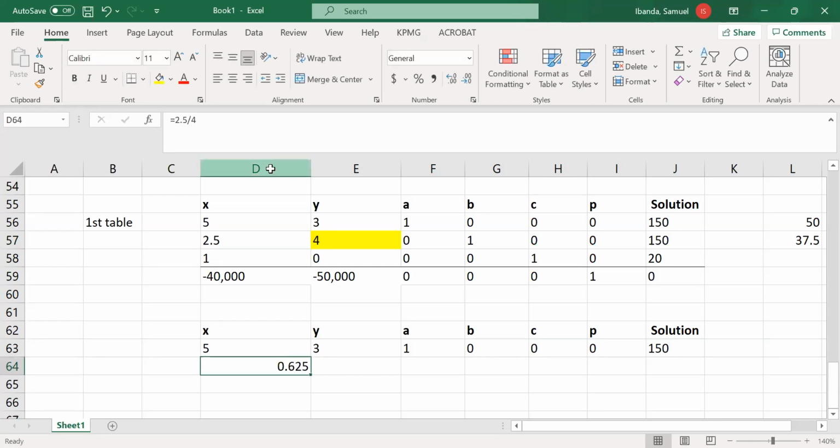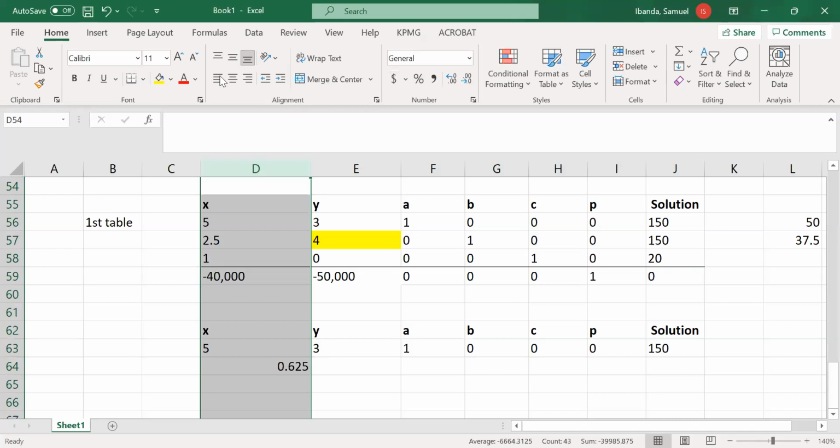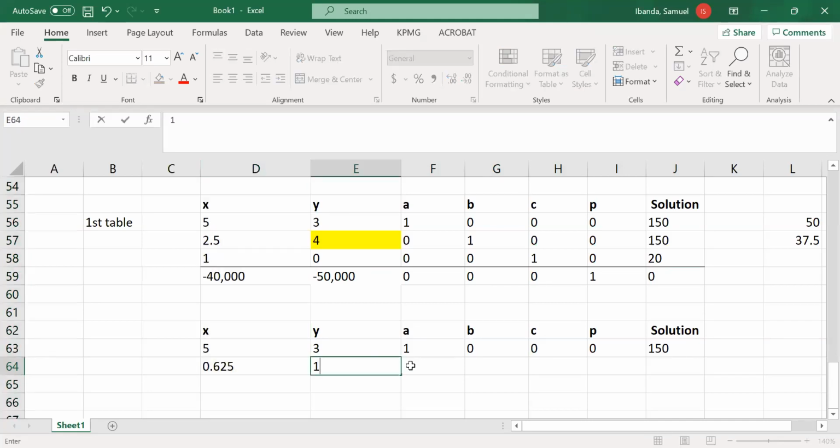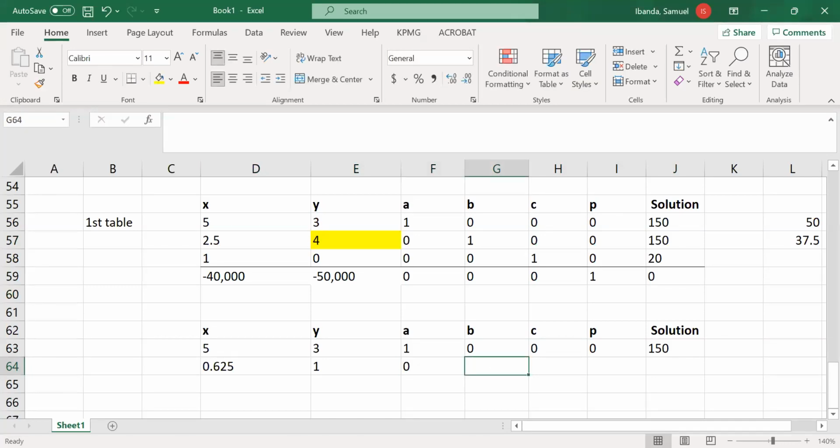That will give you 0.625. This will give you 1, since 4 divided by 4 is 1. 0 divided by 4 is 0. 1 divided by 4 is 0.25. So this is 0.25.